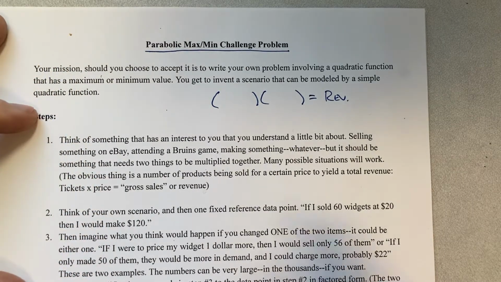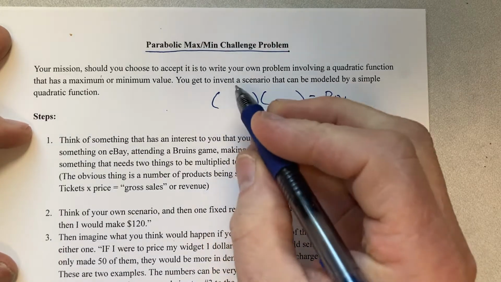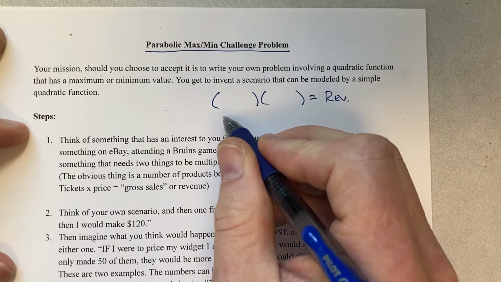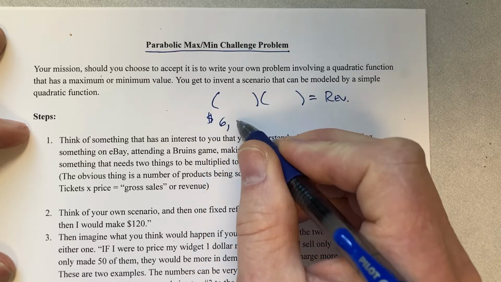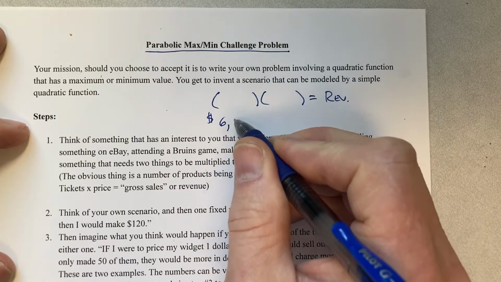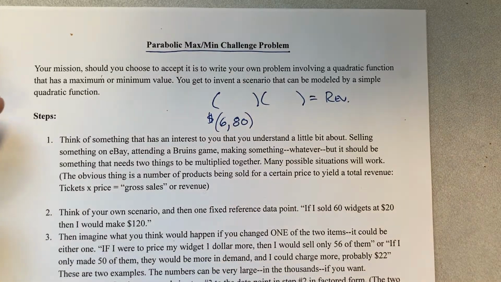And when I went to the farmer's market in town, and I had my desk and I sold masks, I sold them at $6, and I sold them for the whole weekend, and I sold 80 of them, we'll say. All right, so I want to try to maybe adjust my price and sell more or less and make more money. So that's my benchmark amount.